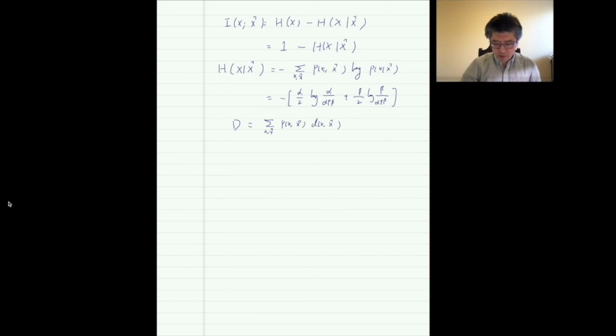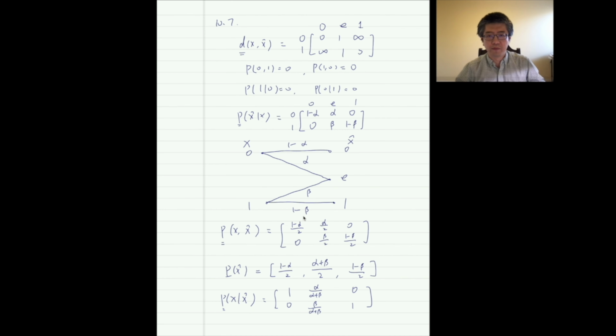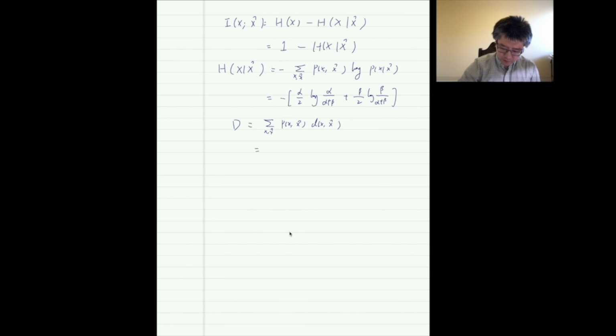From here we can see there are only two terms left, basically the middle two terms, because for the other two terms the distortion is 0 and the probability is 0. Therefore we just have alpha plus beta over 2, because the distortion is 1 in both locations.